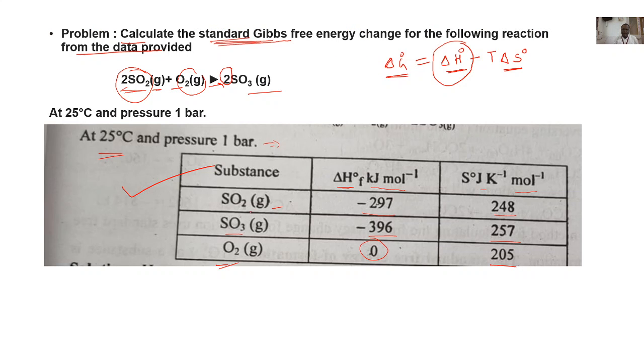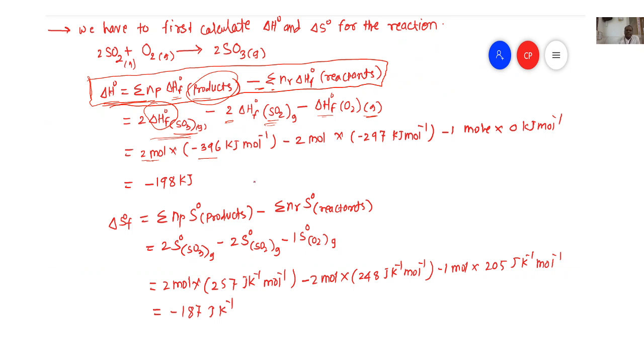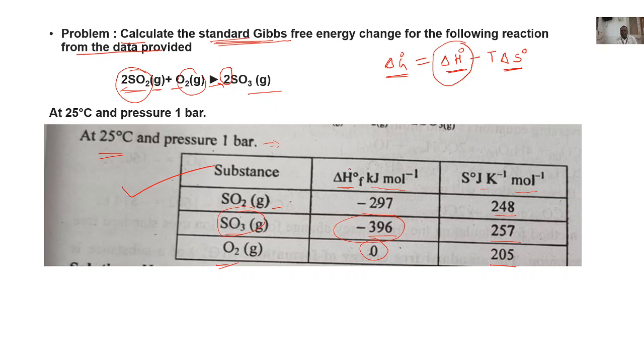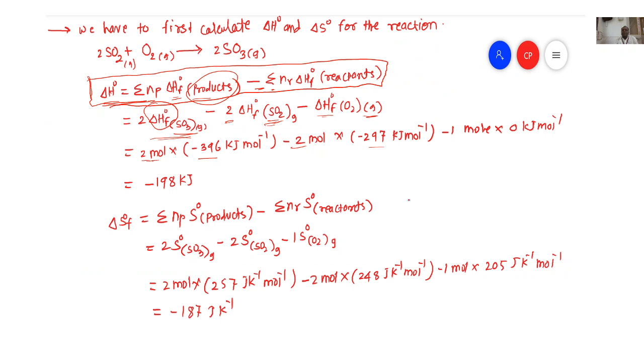SO3 is minus 396, this is the product molecule. Minus 396, minus 2 moles of SO2 gas multiplied by minus 297. The standard enthalpy of formation of SO2 gas is minus 297.